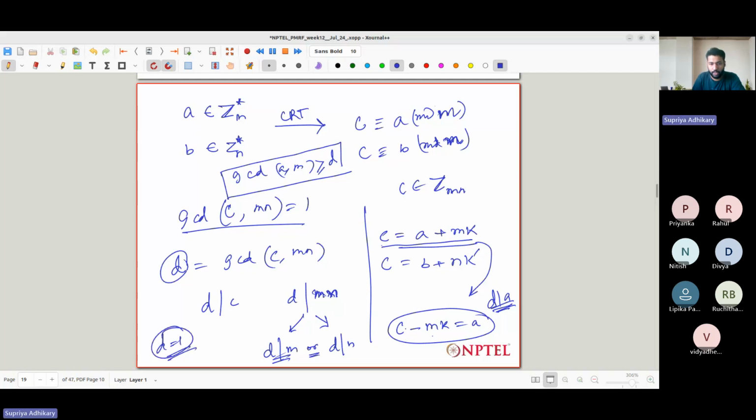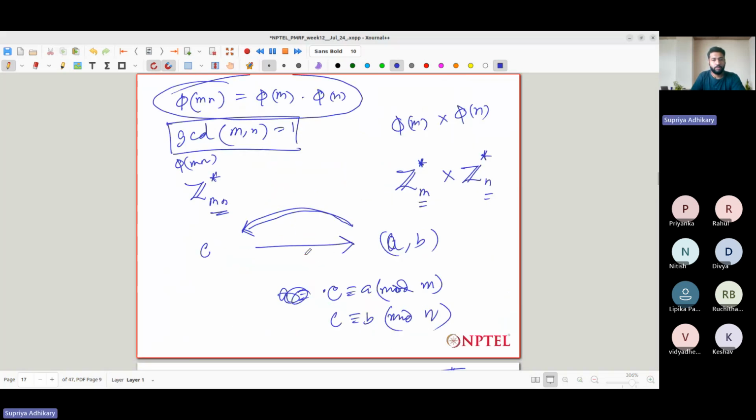And similarly, if we consider D divides N, then from this equation and the fact that the GCD of B and N is 1, we can conclude that the GCD of C and Mn must be 1. So therefore, we basically have a bijection over here, and that proves this statement.